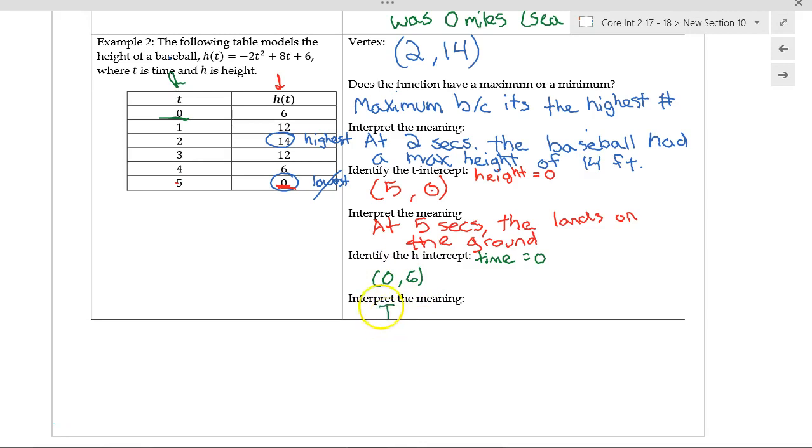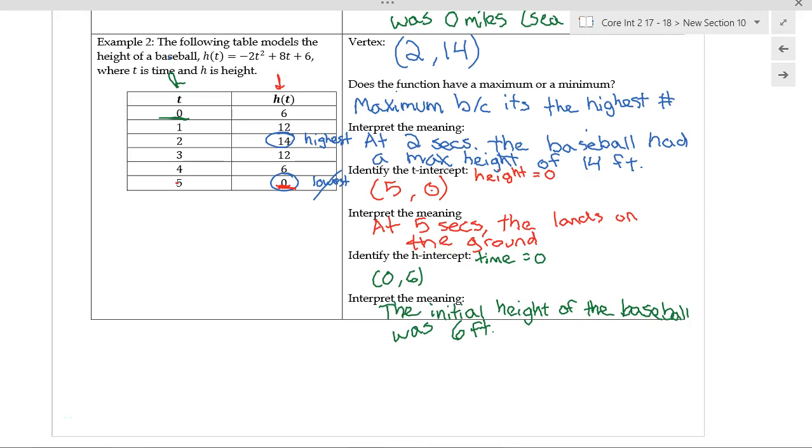So the initial height of the baseball was 6 feet. Okay, so we kind of think, what does that actually mean? The person who was hitting the baseball was probably around 6 feet. All right, so that's where it was hit from.